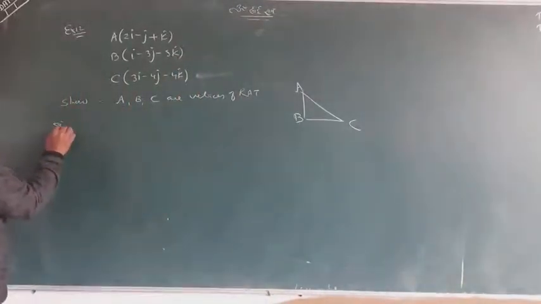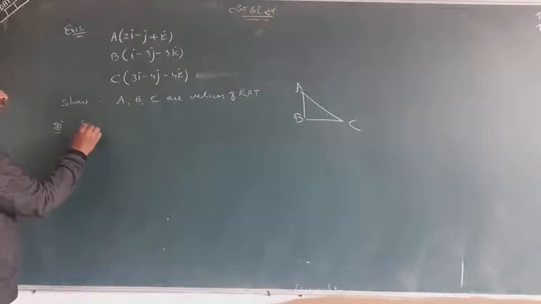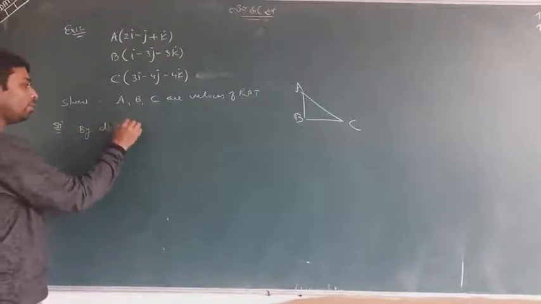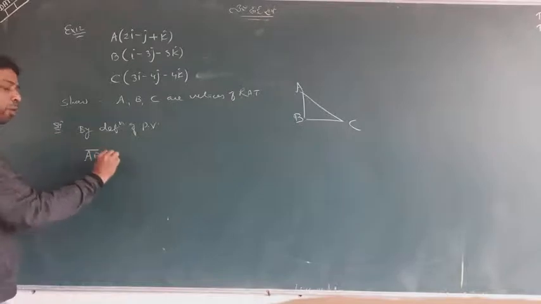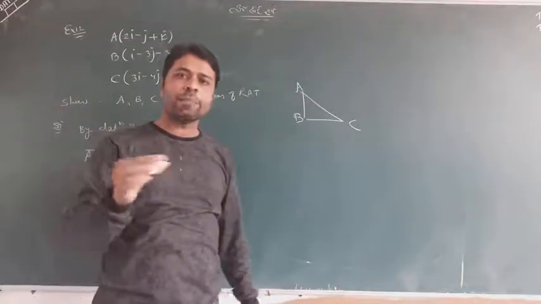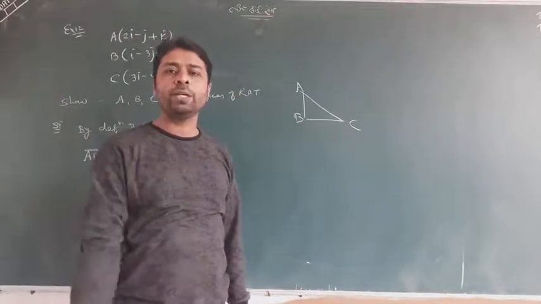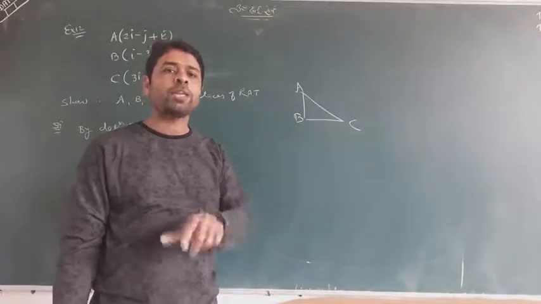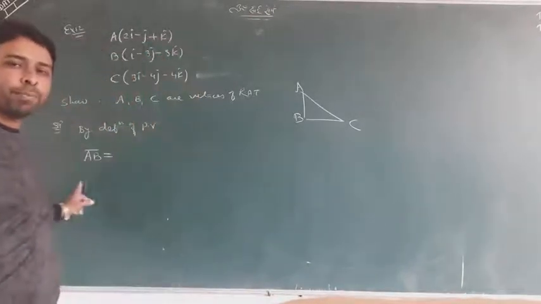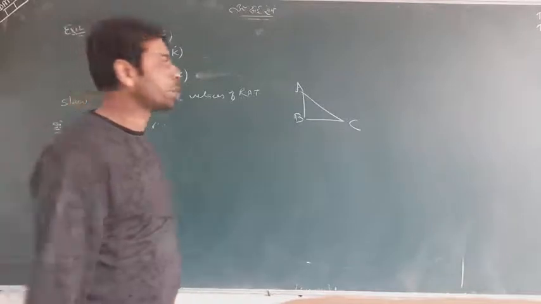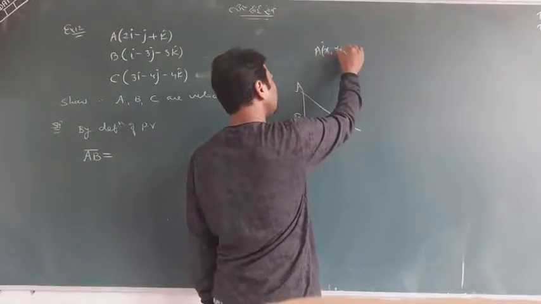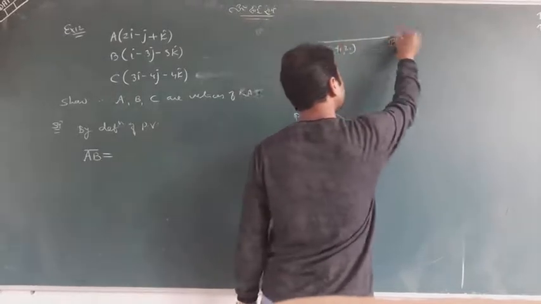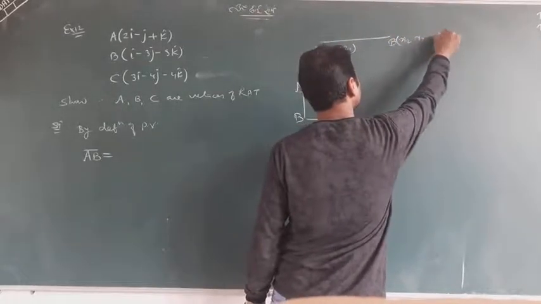Solution. By the definition of position vector, I first find AB, because I want to find the distance AB, and before that I have to find the vector AB. So what is AB? You remember yesterday's concept. This is the first point I took, x1, y1, z1, and the second point I took x2, y2, z2.